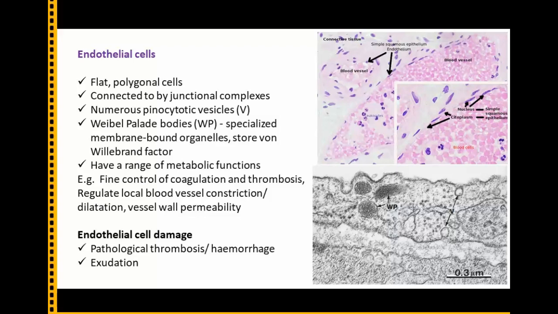When you have damaged endothelial cells due to injury, trauma, any pathological conditions or infections, you will be prone to pathological thrombosis, hemorrhages or exudation of plasma components into the tissues. That kind of thing can happen.